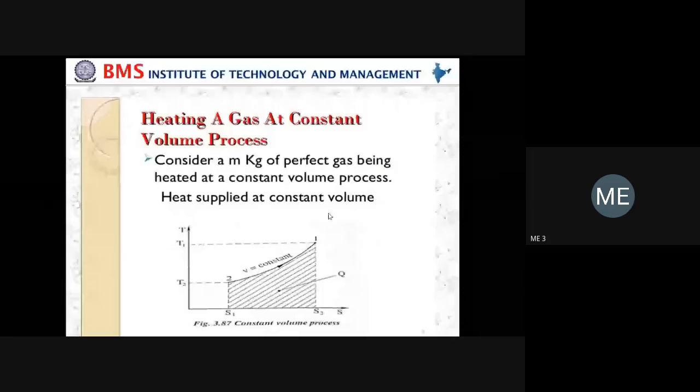Okay, you see the change of entropy for different processes. Okay, first one. First you should know the nature of the curve, you remember. Okay, so in the PV diagram, the constant volume process is represented by the variation like this. So it is 1 to 2.